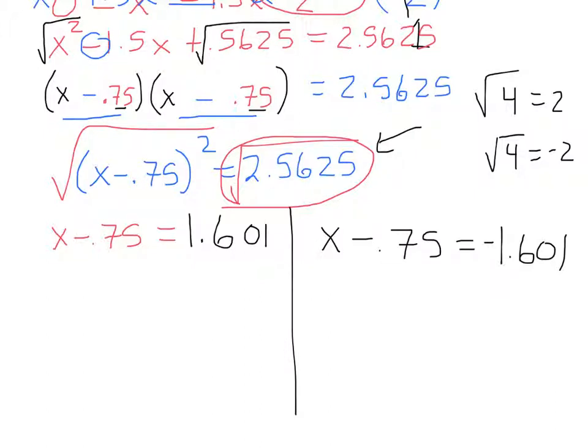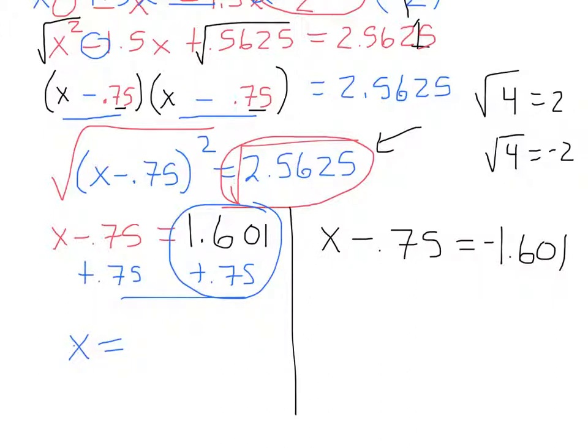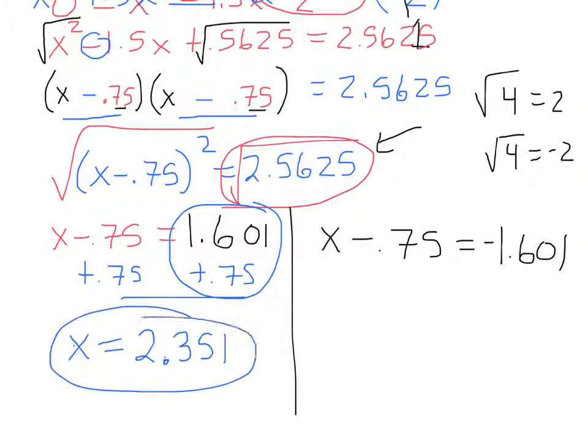And so what I'm going to do is add 0.75 to both sides, and I have x equals, pause the video and add these and see what you get. And so I got 2.351. Okay, now let's go over here to the right. Let's solve this one. First off, this is one of our answers right here. Now let's move over here to the right and solve it.